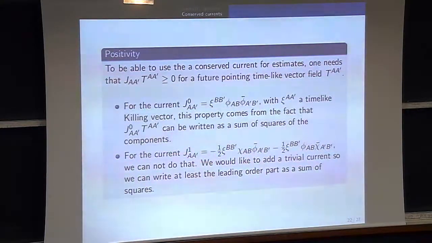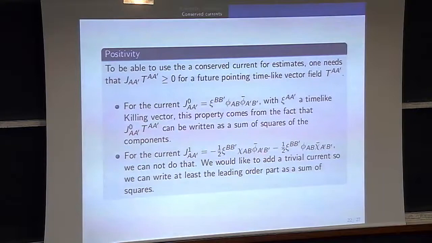And if we do that with this first current, it is a very standard result, and it's not very difficult to prove that this indeed becomes non-negative, because we can actually write this out as a sum of squares of components.